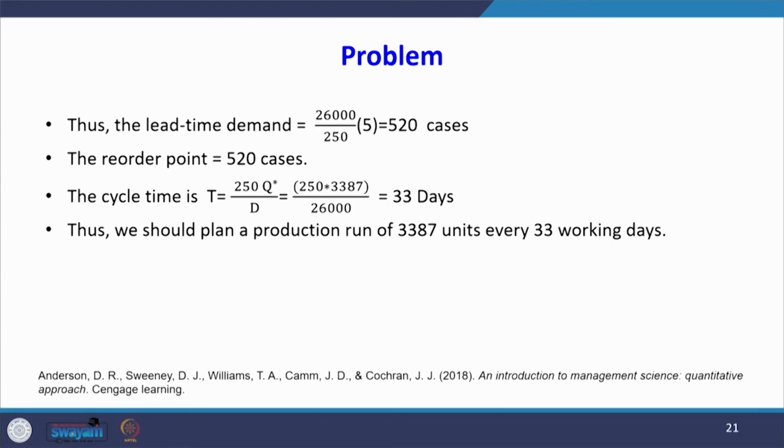First, we will find out the lead time demand. What is the lead time demand? Per day demand multiplied by the lead time. Lead time is 5, annual demand is 26,000, number of working days is 250. So, you will get the per day demand. When you multiply by the lead time you will get 520 cases. So, the reorder point is 520 cases.